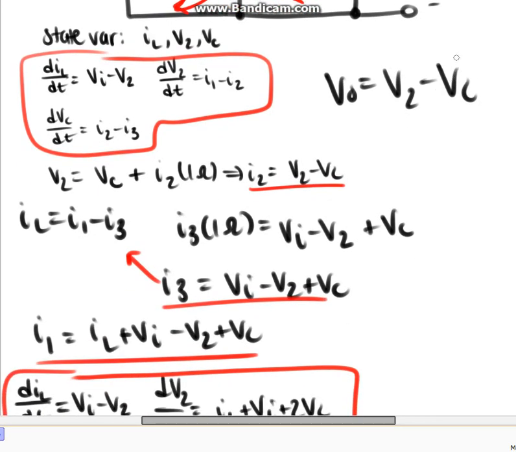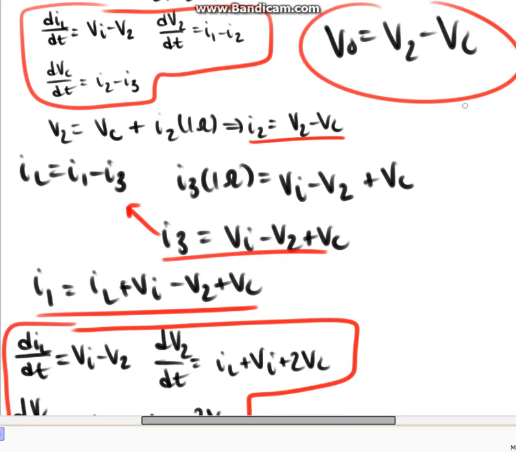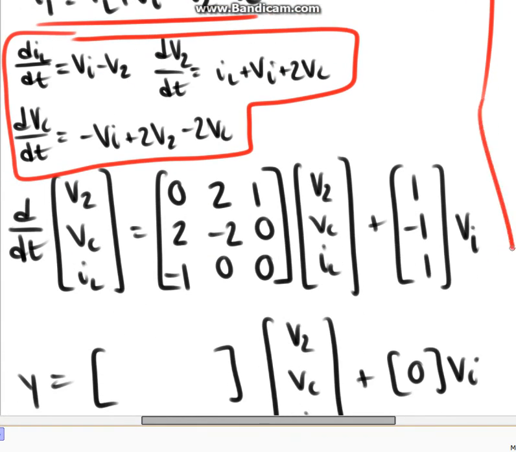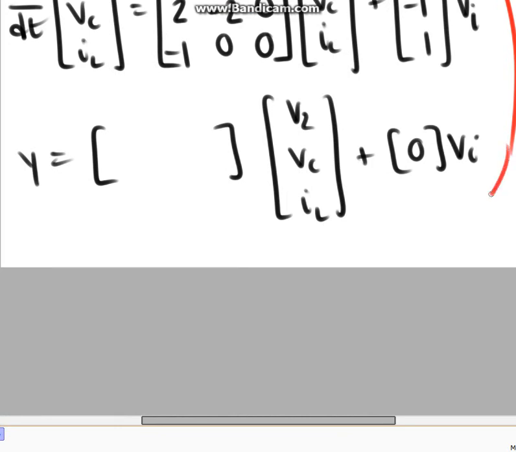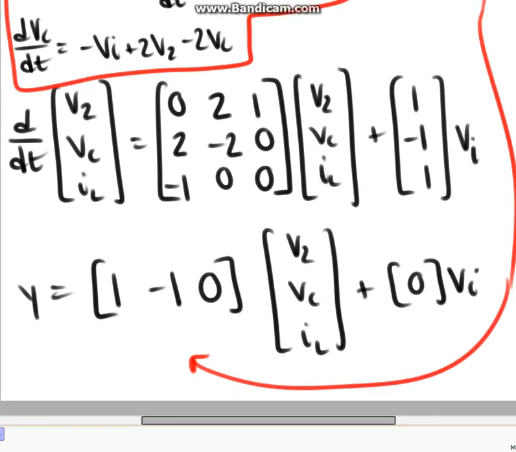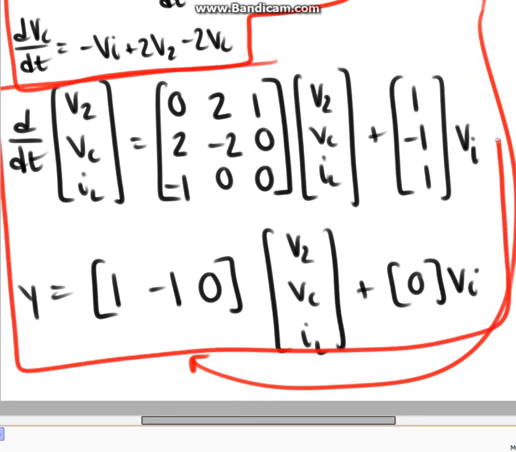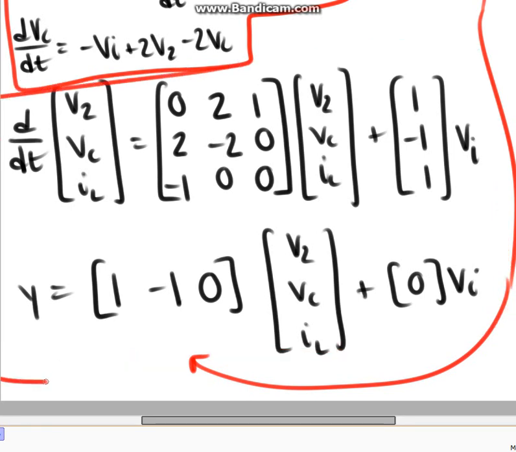Plugging our coefficient values into the matrix, we have 1 V2s, negative 1 VCs, and 0 ILs. And that is our answer for the problem. I boxed that so horribly.